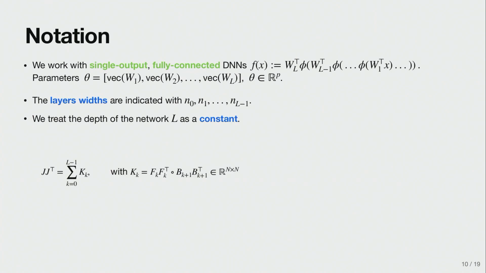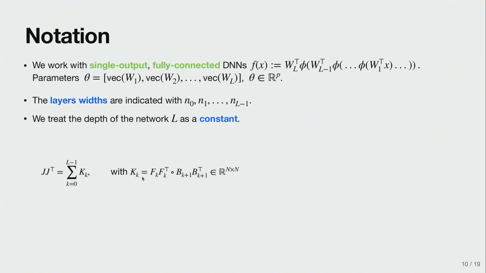So there are some mathematical equations that we can write using the chain rule, since the Jacobian is just the derivative with respect to the parameters of the output, which is this. The neural tangent kernel, JJ transpose, can be written as the sum of these partial kernels. These partial kernels are one for each layer in my network.